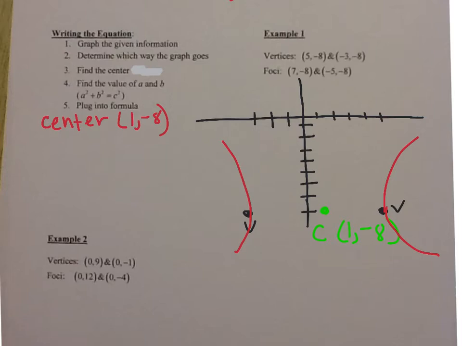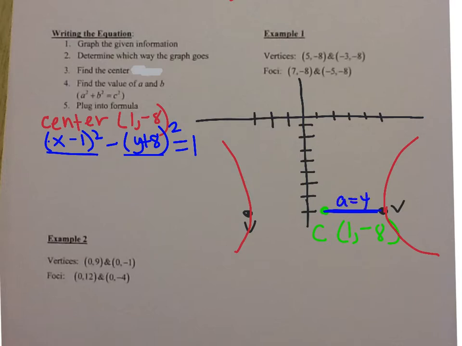So it's going to be (x minus 1) squared over something minus (y plus 8) squared over something equals 1. So now I need to get my a and my b. Now remember, a is the distance from center to vertex. So this is my a. So my a is equal to 4. All right, so I know then that the bottom of the x is equal to 16.